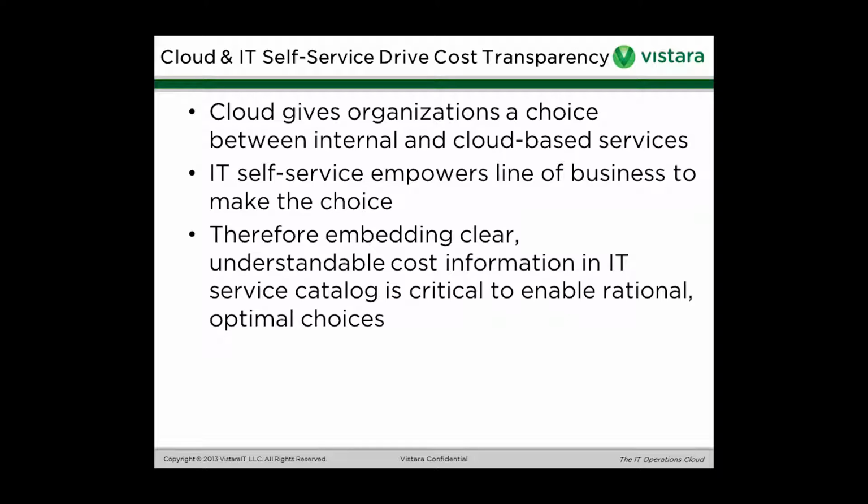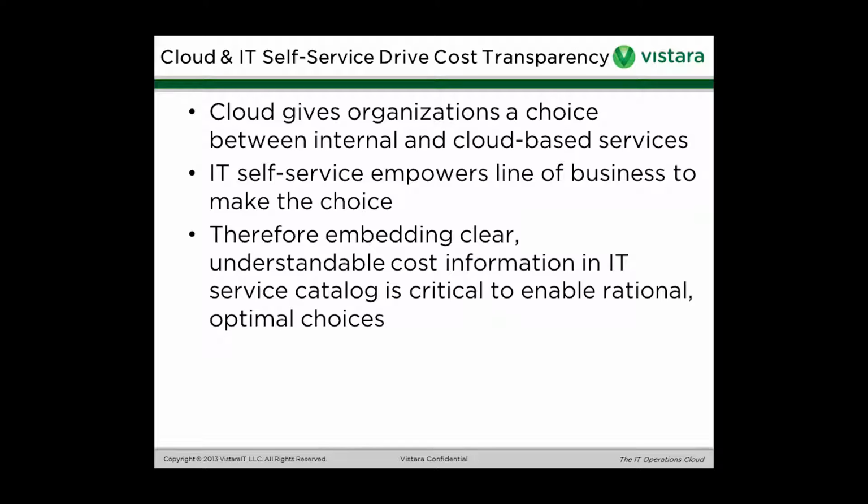Because often IT organizations have evolved over time to offer very high levels of security, very high levels of availability, very high levels of customization, and inevitably, because that was the kind of service that the line of business was demanding, those kinds of characteristics drive higher costs.